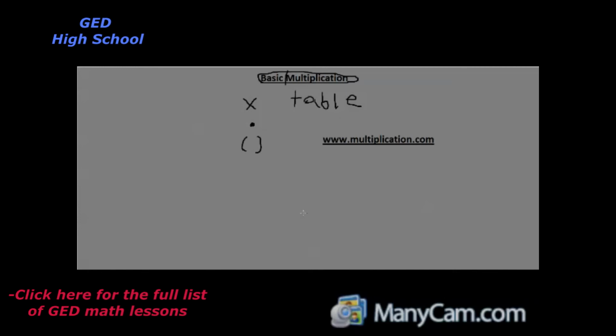And you really should memorize your multiplication tables for this GED test. Especially for the first 10 questions or so, they will be measuring your knowledge of basic math, and it won't allow you to have a calculator at all.